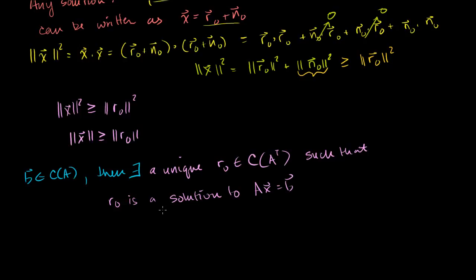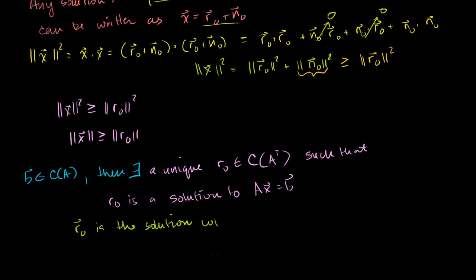And not only is it a solution, it's a special solution. r naught is the solution with the least length, or no solution has a smaller length than r naught.